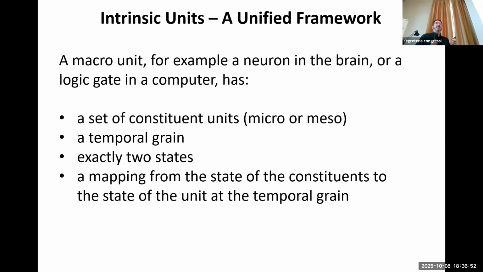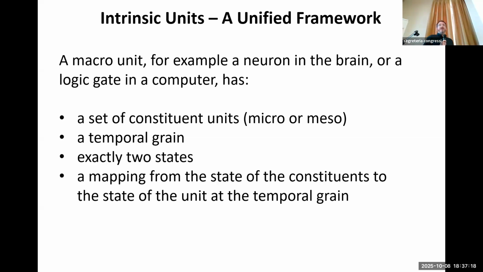And the second goal is to take those conceptual points and flesh them out fully in terms of aligning with the postulates. So now we're going to have a macro unit, for example, a neuron or a transistor, and we're going to define it precisely. It's going to have a set of constituents, its spatial micro constituents. It's going to have a temporal grain.